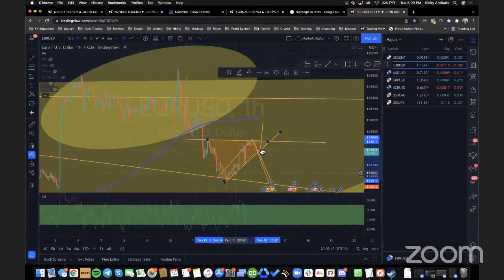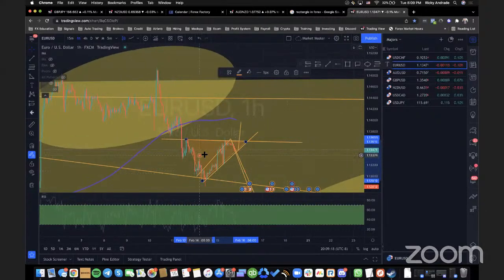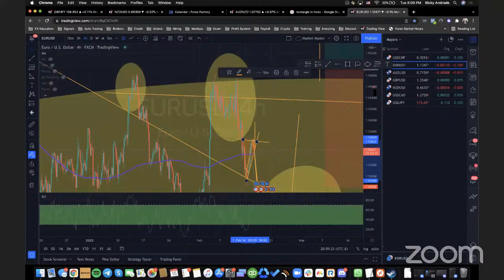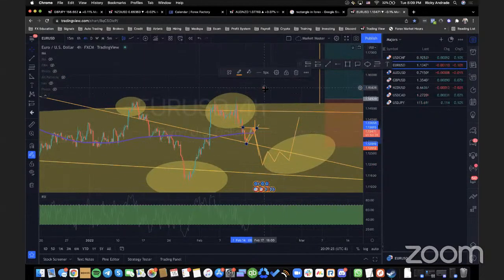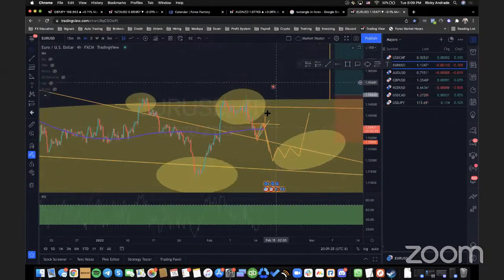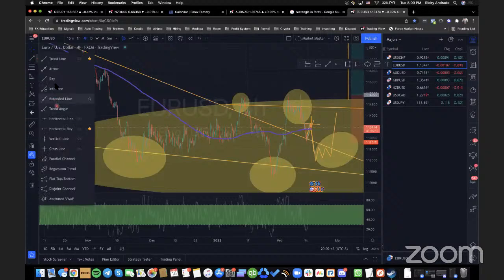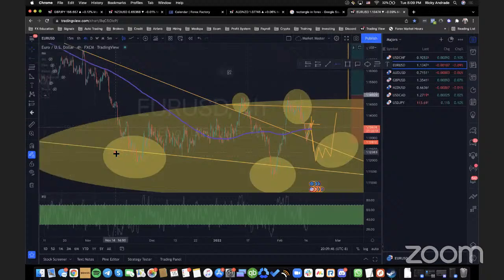But so it's trapped, and let me zoom back a bit because I'm getting mixed signals here. So speculative push one more time, and it hasn't hit this previous left shoulder here.